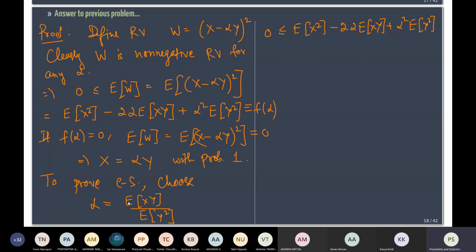So I intend to use this alpha and put it here.